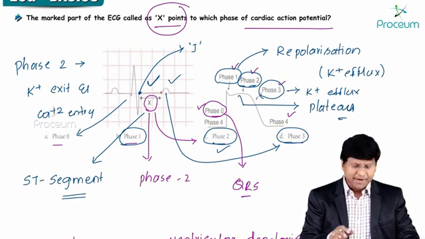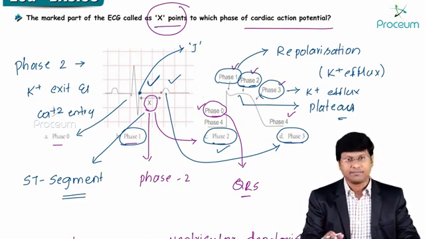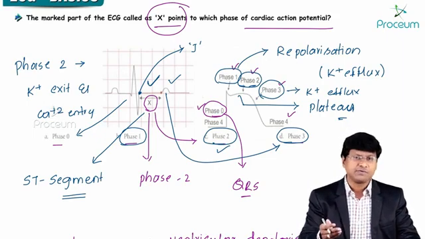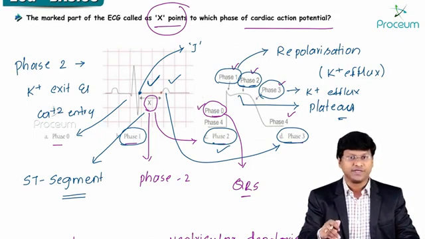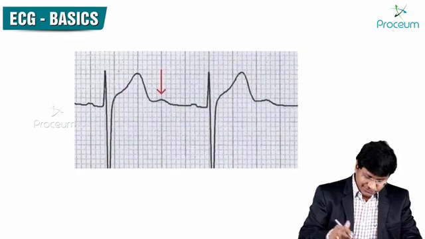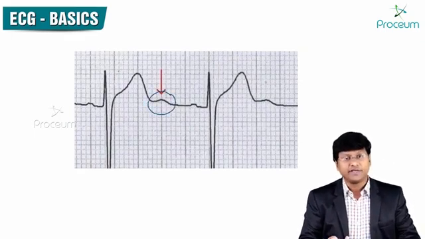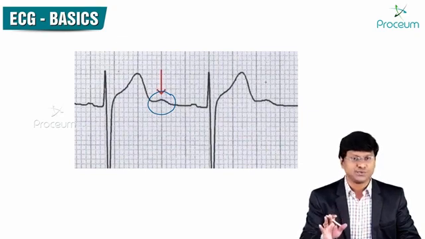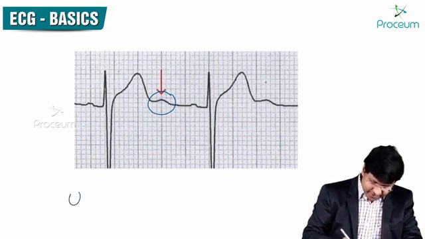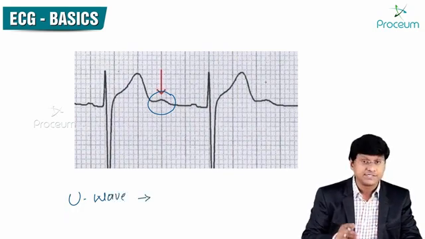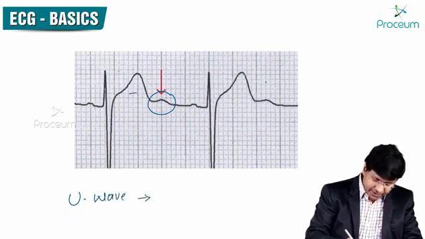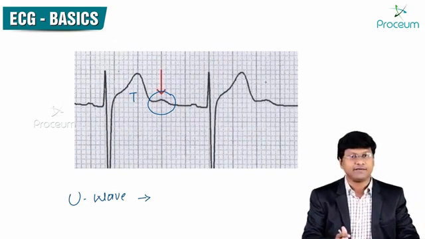Now, apart from this PQRST complex, you have an additional wave called the U wave. Let me show you that. So this is the U wave. Always remember this U wave occurs after your T wave. After the T wave, you will have the U wave.